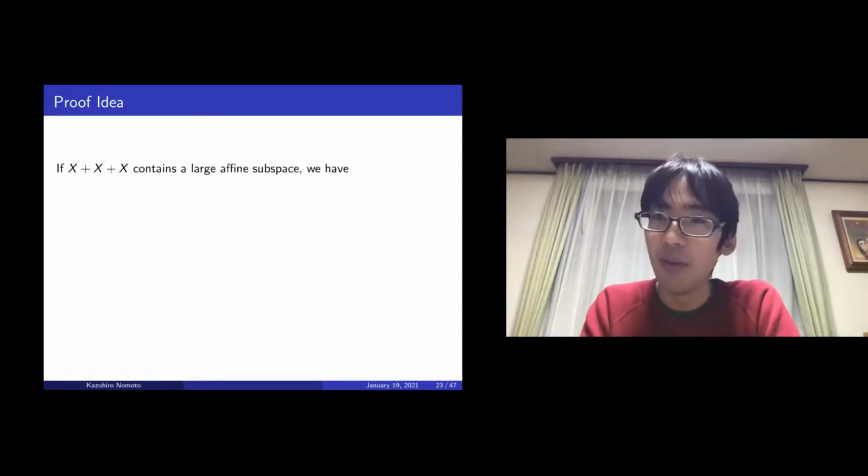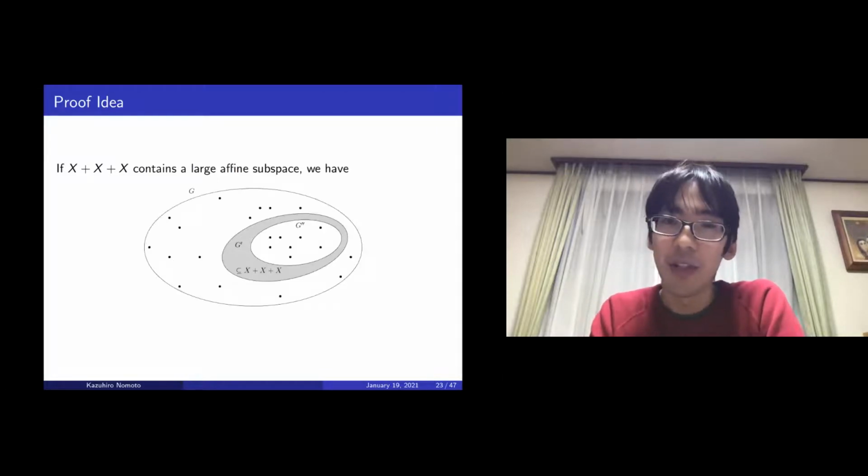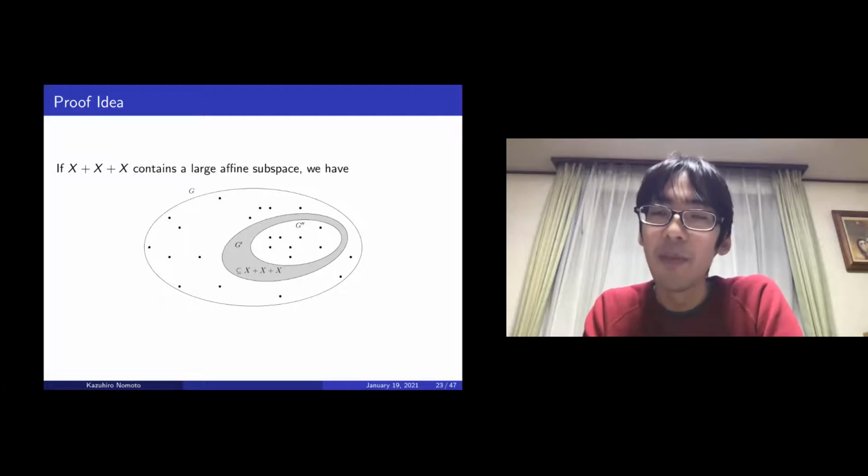You could end up in this situation where you end up with a large affine subspace as opposed to just a subspace. In this case, what you have is this. So again, G prime is this large area that you get from Green's regularity, but it's an affine subspace.